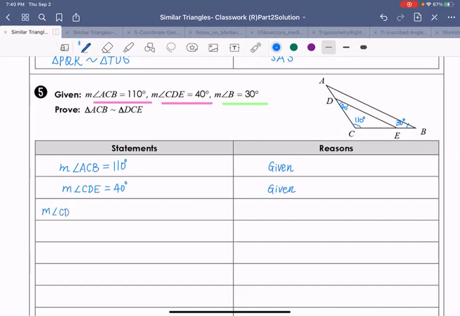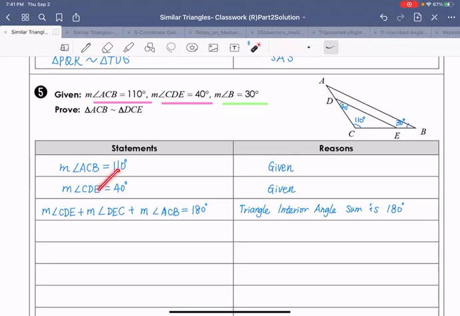Angle DCE equals, yeah. We write down here. Okay. Make sense? Yeah. All right.